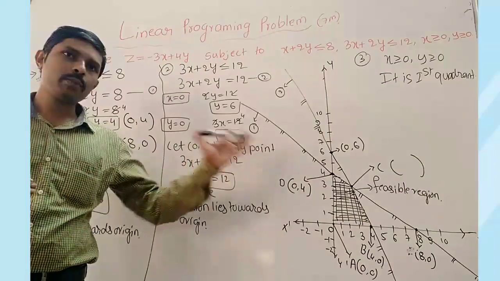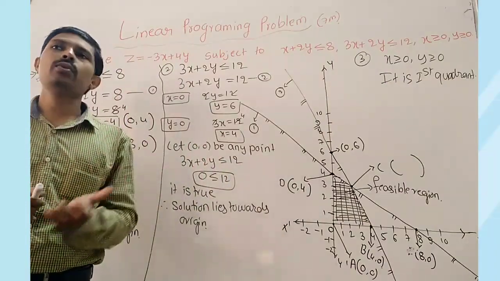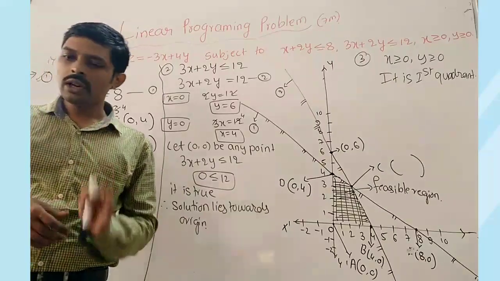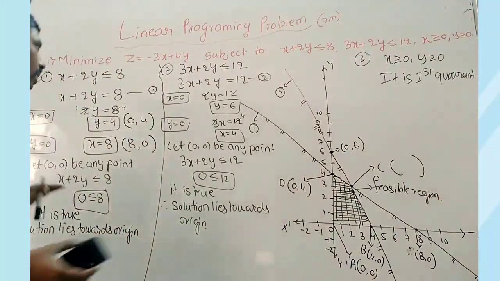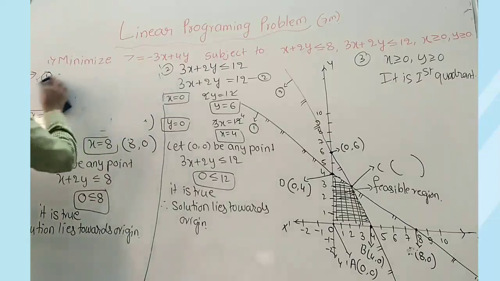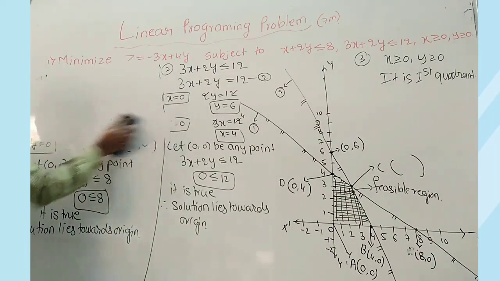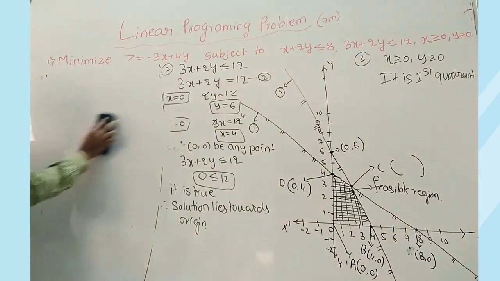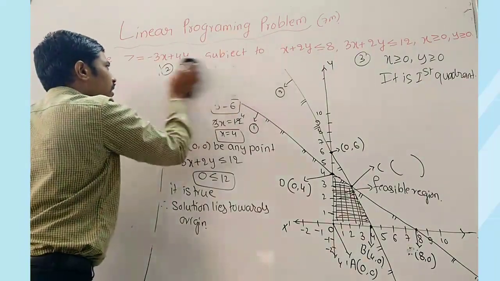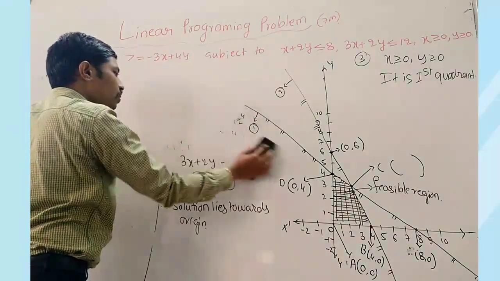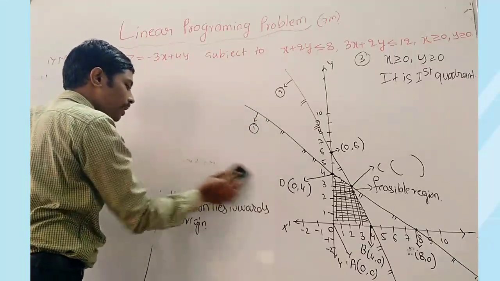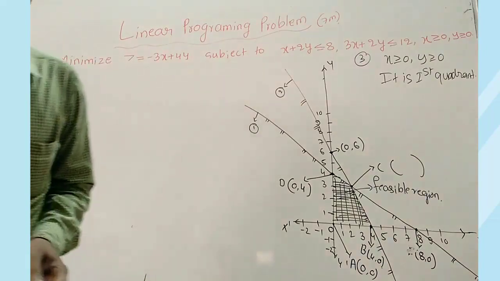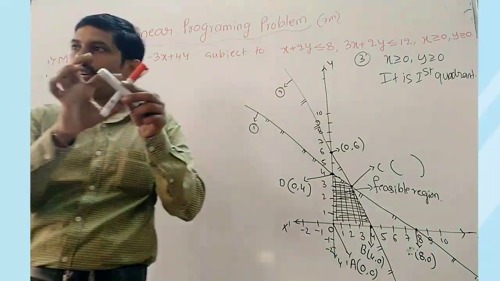To avoid that confusion, we use the fact that the point is nothing but the intersection of two lines. Yes or no? That point is nothing but the intersection of the two lines.